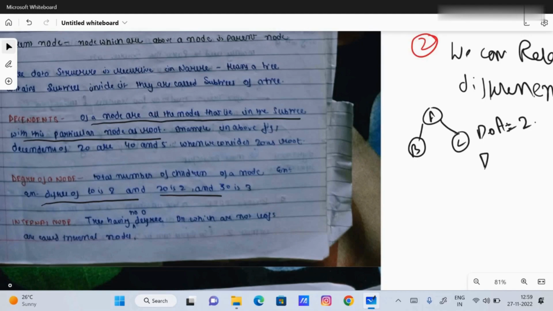It can be considered as a mathematical representation: if the degree of a node is not 0, we call it an internal node.